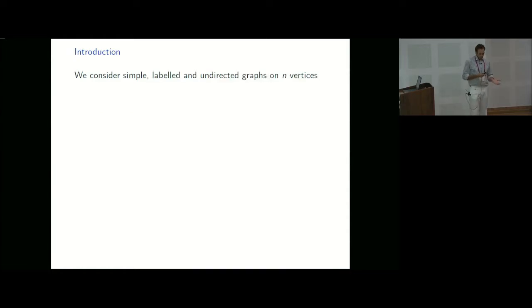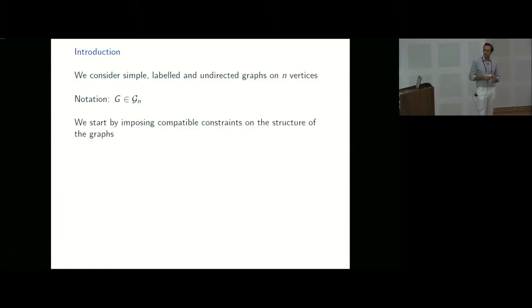So to start, what we are interested in, we consider graphs labeled undirected on n vertices. We will use the standard notation. A graph G will belong in this space of all possible configurations on n vertices. And what we are interested in is observables.